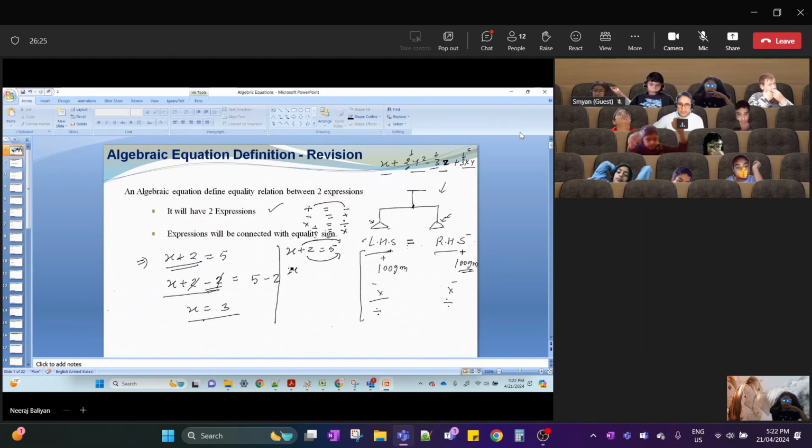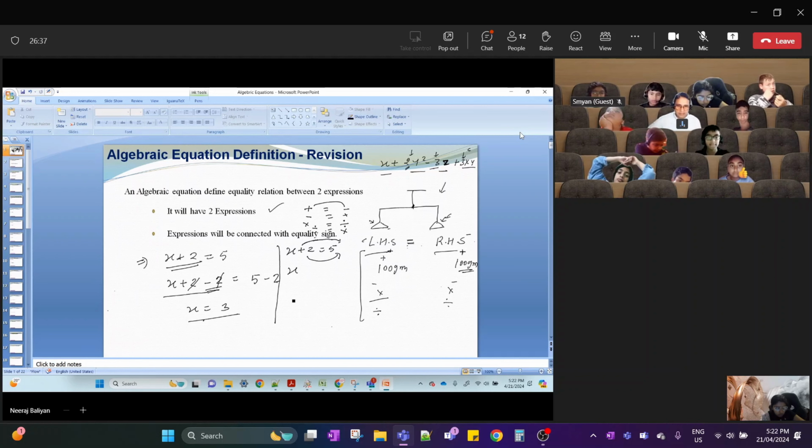Another method is keep the variable alone on left hand side and move everything else on right hand side. For that, there are few things we need to remember. Those who joined now, let me reiterate. If we are moving a term from left hand side to right hand side or right hand side to left hand side, there will be a change in sign of that term.